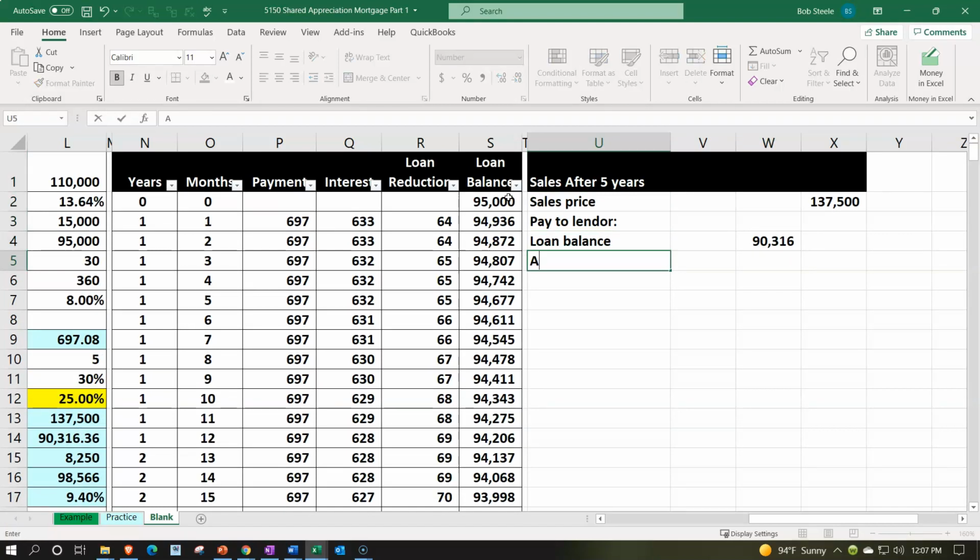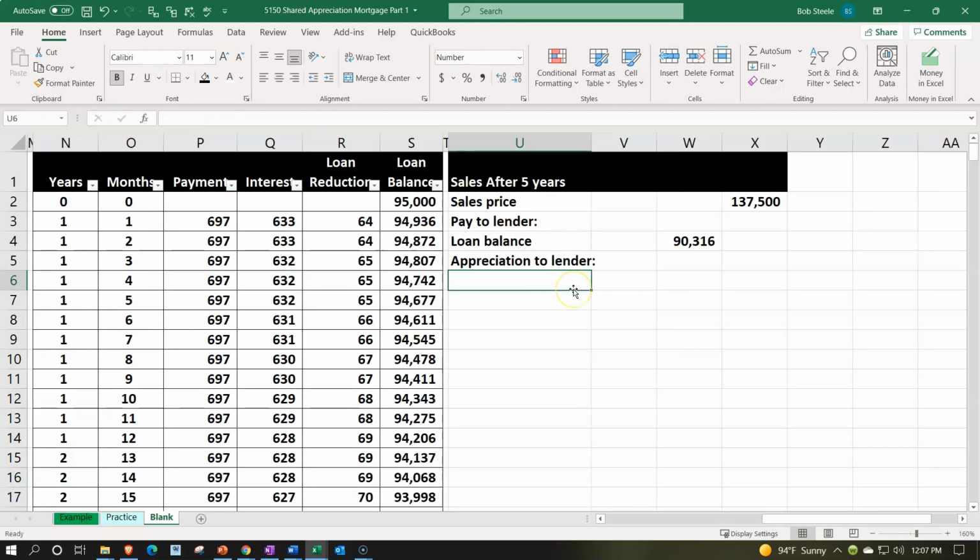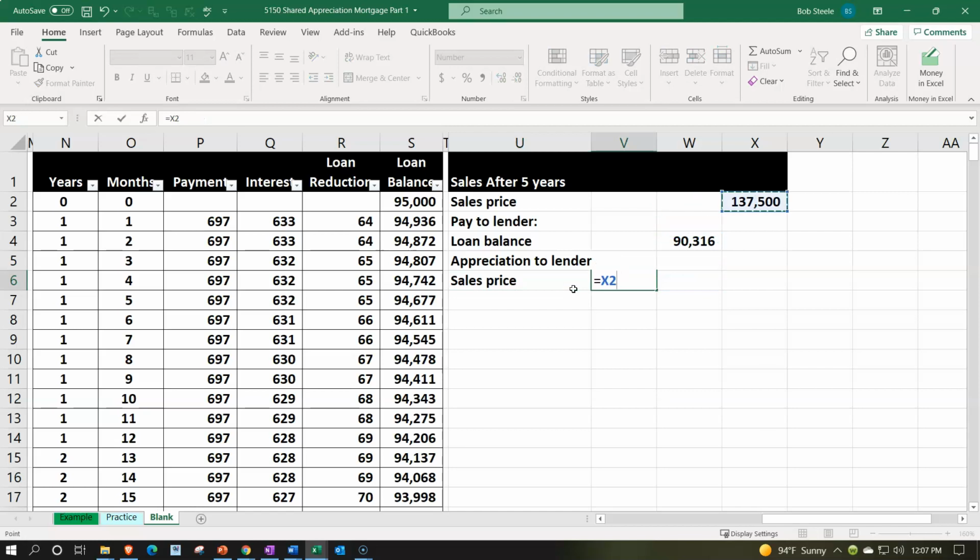So let's call this appreciation to lender. It's lender, not lendor. Okay, so we can calculate that as the sales price. Sales price is going to be that 137.5 minus the cost.